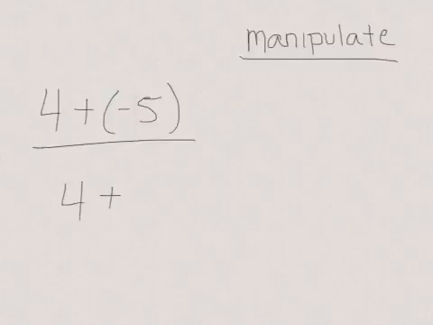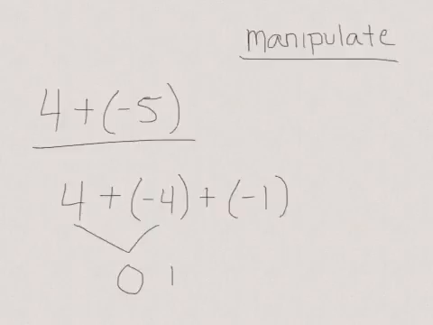And so I can manipulate our negative 5 as negative 4 plus negative 1. By knowing that 4 and negative 4 are opposites, or additive inverses, and that equals 0, plus negative 1, our answer is a negative 1.